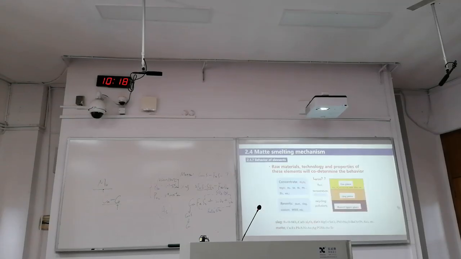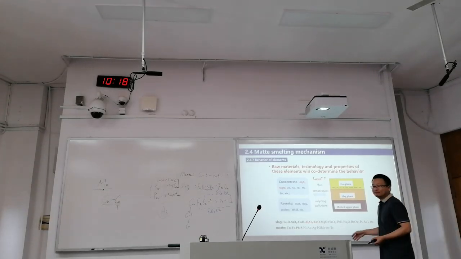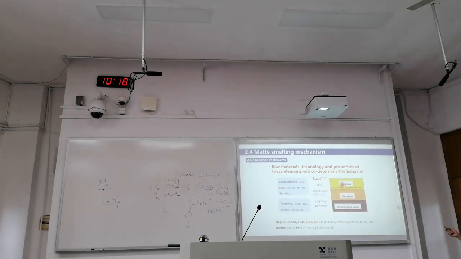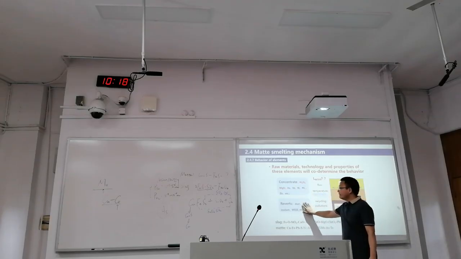Okay. So after the general information, I have made a schematic. Raw materials, technologies, and properties of the elements will all determine the behavior. For example, what do we have? We have concentrate. They are solid. We have reverts.